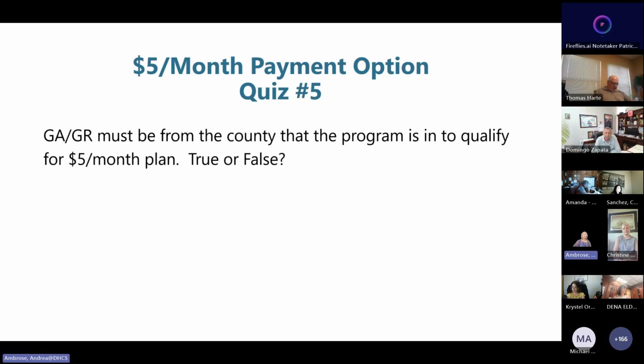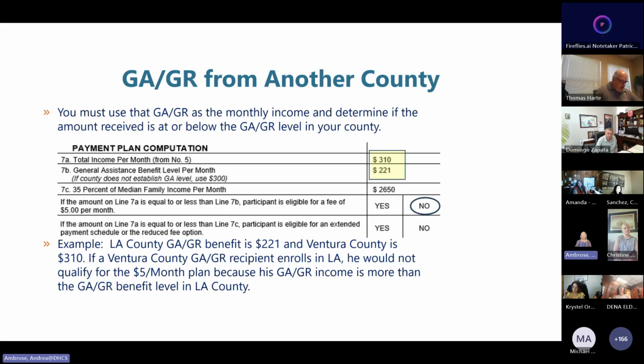So actually, you do not have to be on GA from the county that the program is in, because the regulation just says that I have to have income at or below the GA level. It doesn't say I have to be on GA in that county.